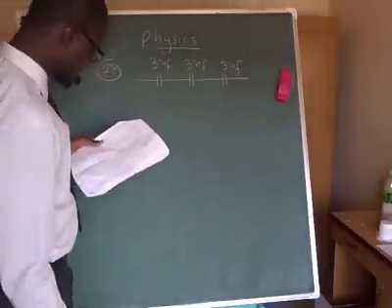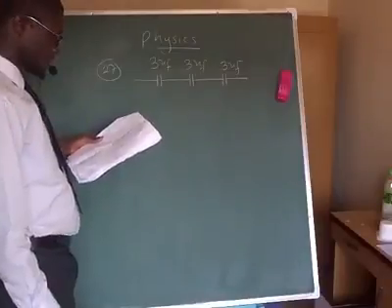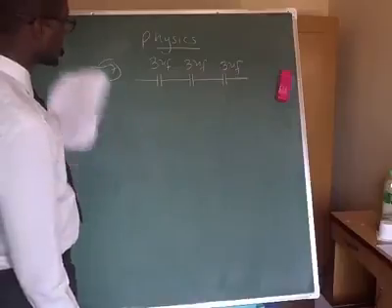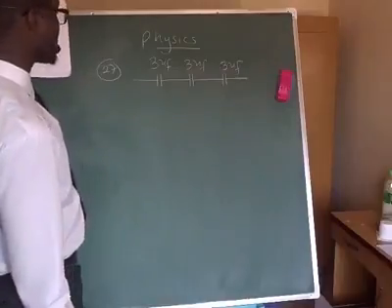The question says, from the diagram above, the equivalent capacitance of 3 capacitors is, so what's the equivalent capacitance of these 3 capacitors?